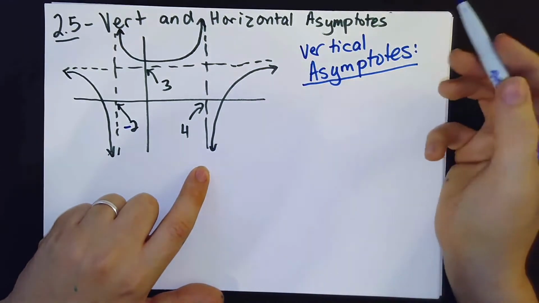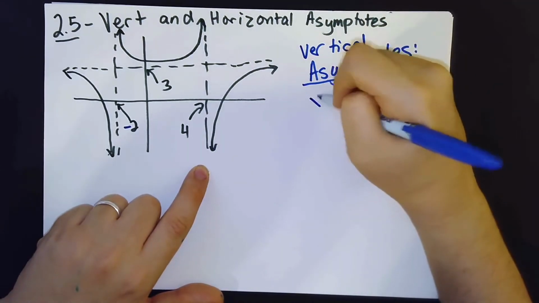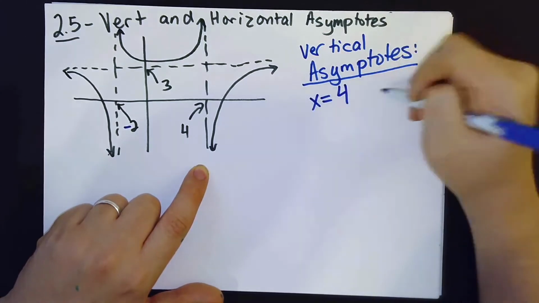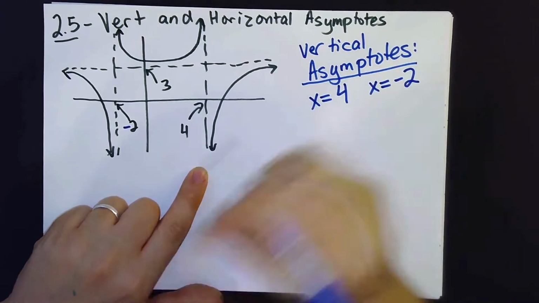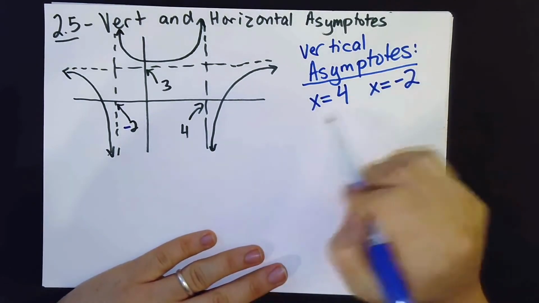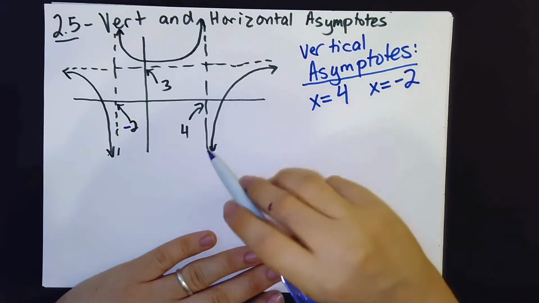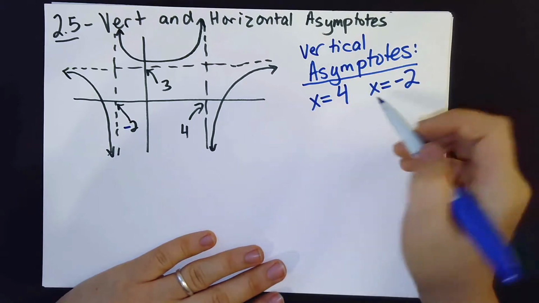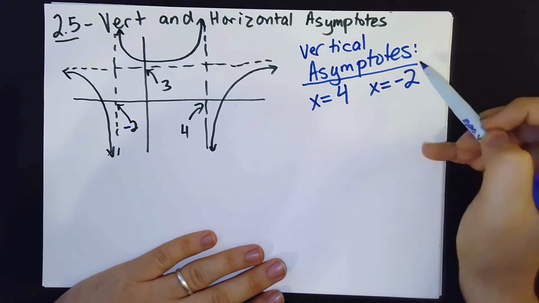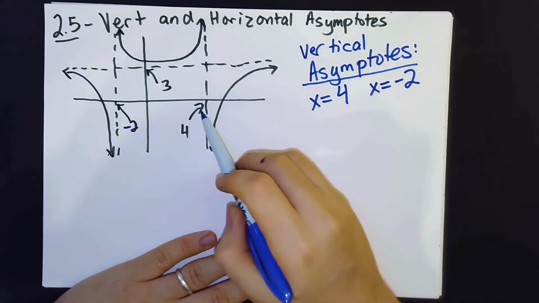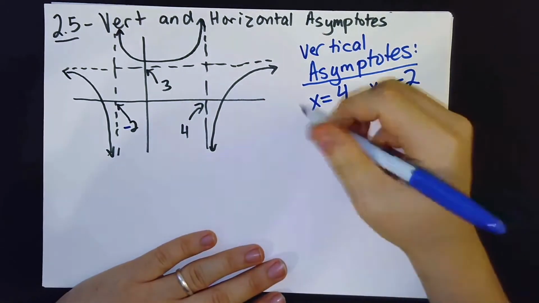And so what that means is their equations look like x equals, and in this case it's x equals 4 and x equals minus 2. Those are the equations of my vertical asymptotes. Again, vertical lines always have equations that look like x equals blah. And so, in this case, those happen to be x equals 4 and x equals minus 2.